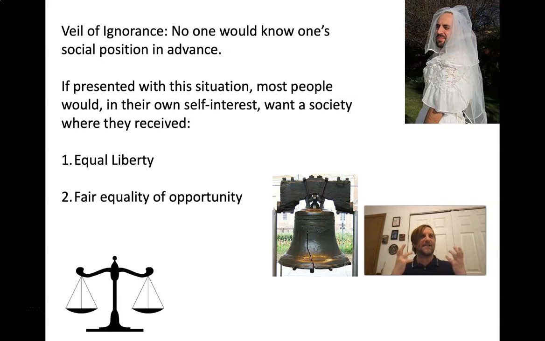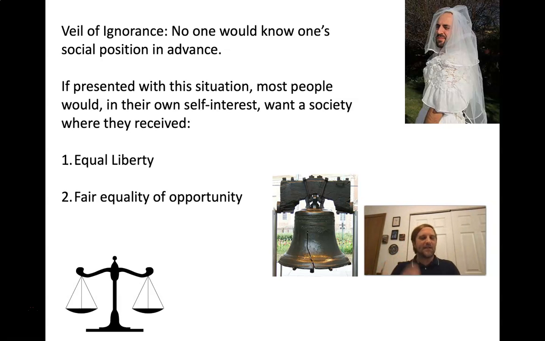So basically he's saying, okay, design a society where you would want to end up. He acknowledges from the libertarians that, yes, most people are self-interested, and there are very biological reasons for that.